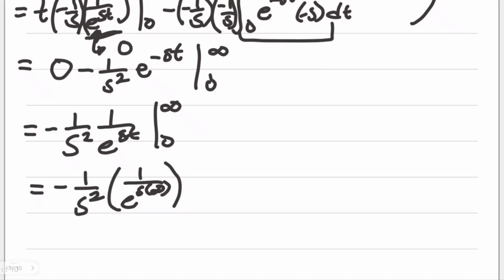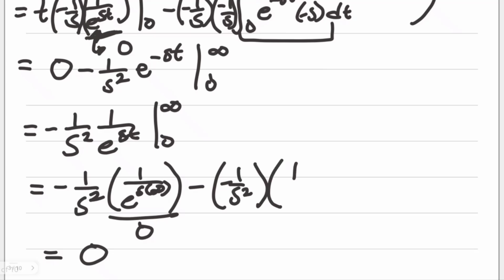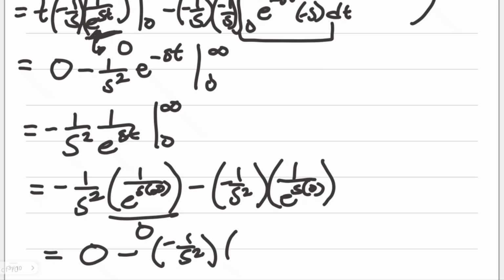As t approaches infinity, this becomes 0, so it returns to 0 entirely. But for the second, minus negative 1 over s squared, you have 1 over e to the power of s times 0 for your t. This will just be equal to 1. So you have minus negative 1 over s squared times 1 over 1.